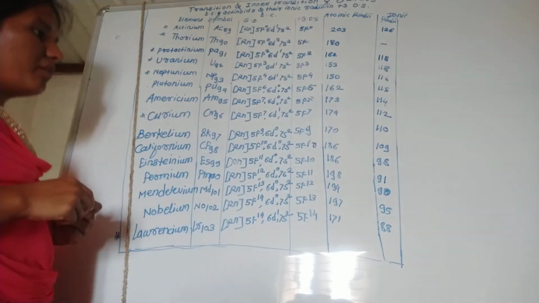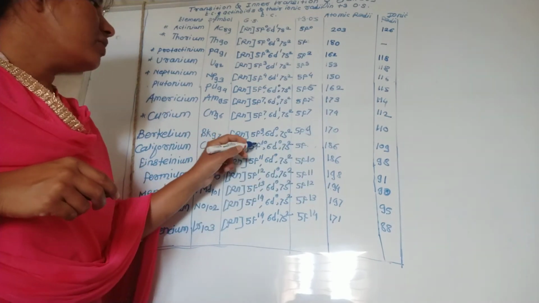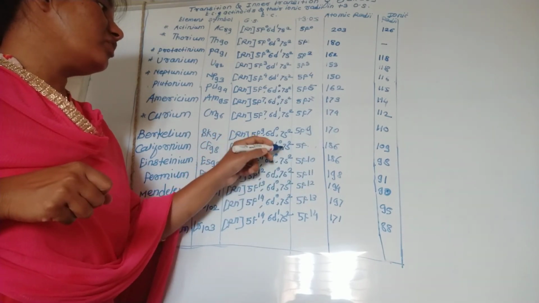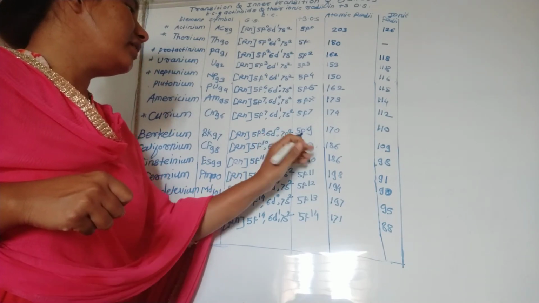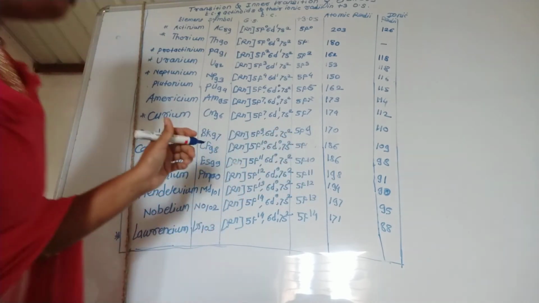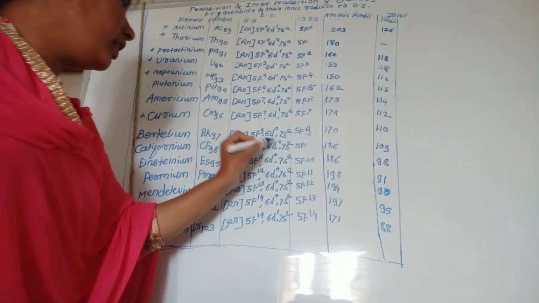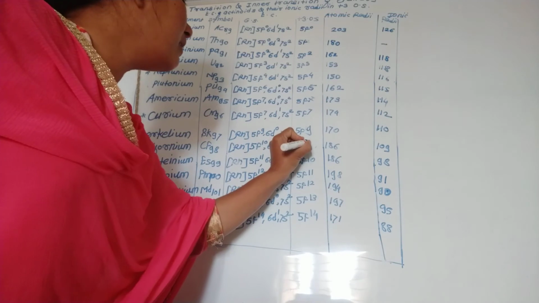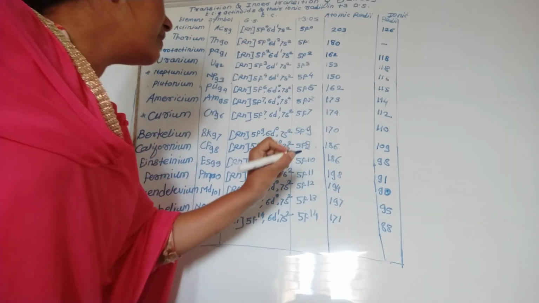When it shows 3+ oxidation state, at that time it contains 9 electrons here. This is the correct one. When it loses from the s orbital 2 electrons and from the f orbital 1 electron, it shows f9 system.